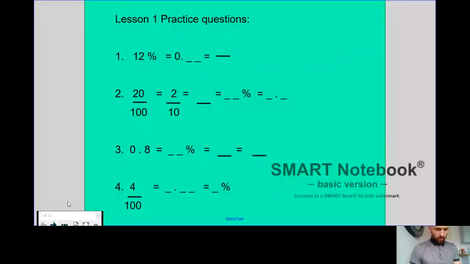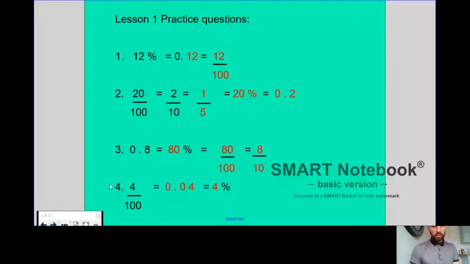Okay, hopefully you've had a go at those. Let's take a look at the answer. So, 12% is equivalent to 12 hundredths, 12 over 100, 12 out of 100. I cannot write it out of 10 because then I have to put a decimal over the 10, which I obviously don't want to do.